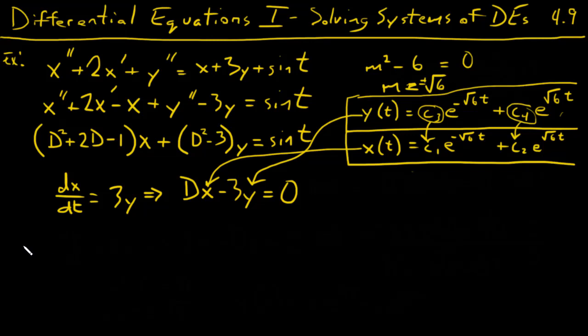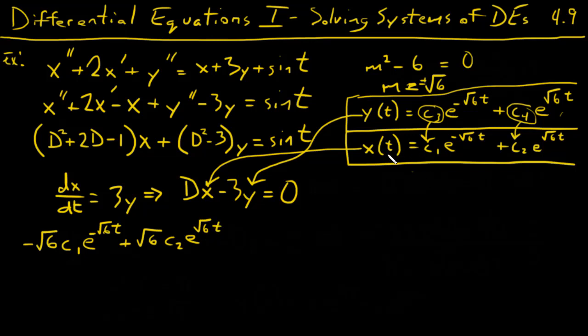So I'm going to have negative root 6 C1 times e to the negative root 6t, plus, I've got this part right here, root 6 C2 e to the root 6t.